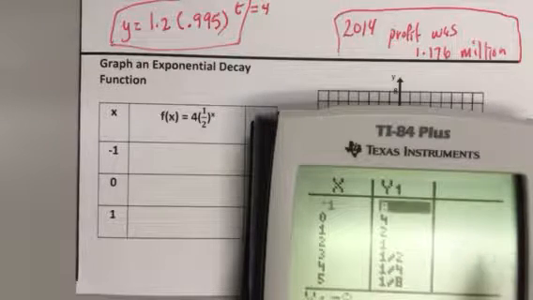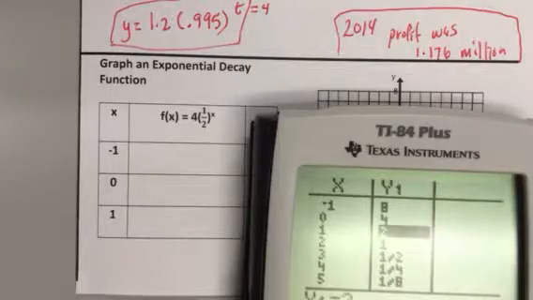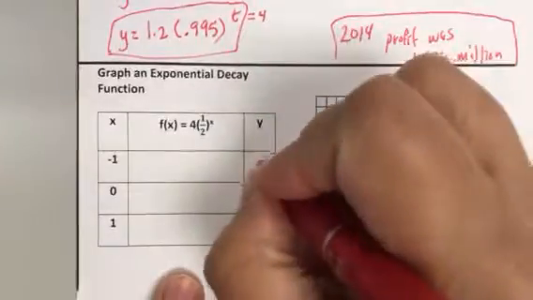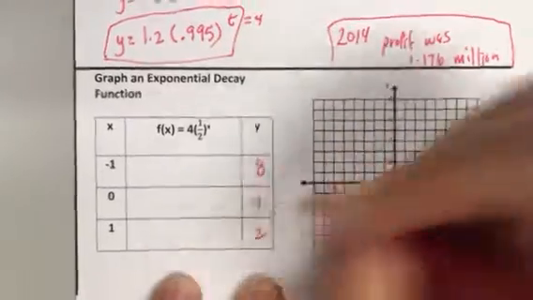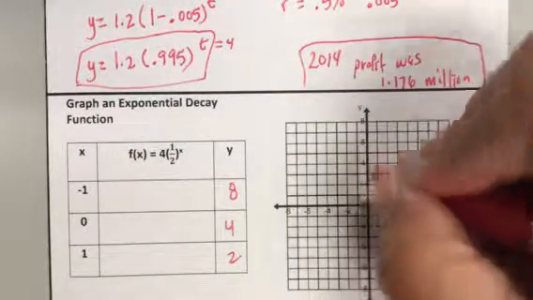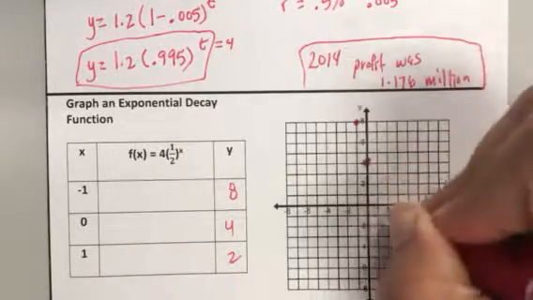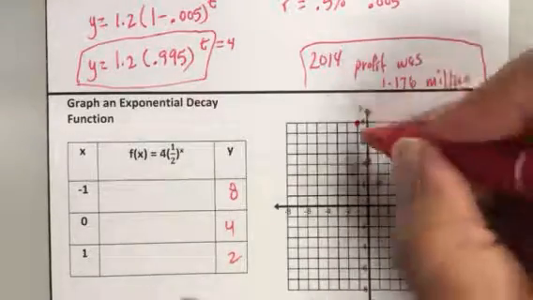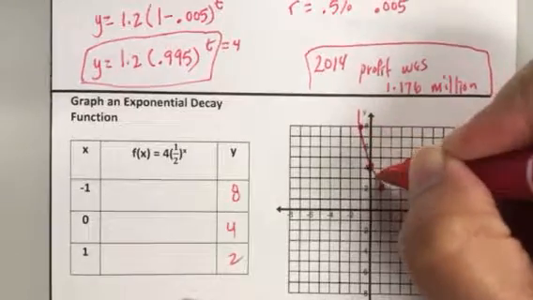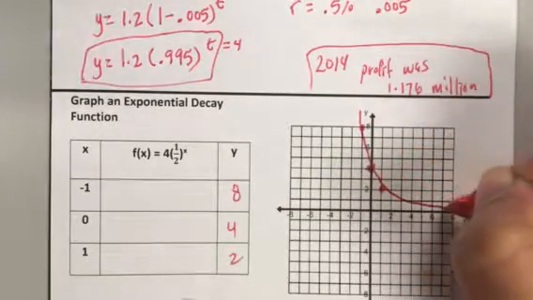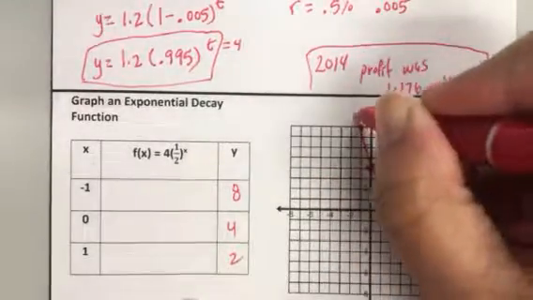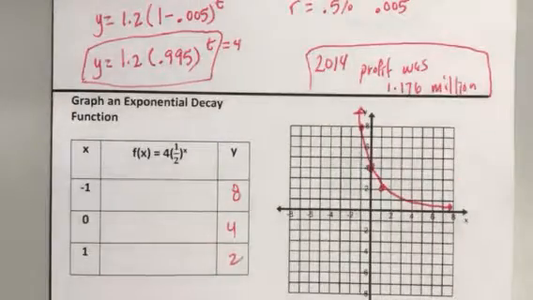So it wants negative 1, 0, and 1, so here I'm going to put 8, 4, and 2. And now I'm going to graph those points: negative 1, 8; 0, 4; 1, 2. And again, because it's a decay, from left to right it decreases, and it never touches the x-axis. It never crosses it.